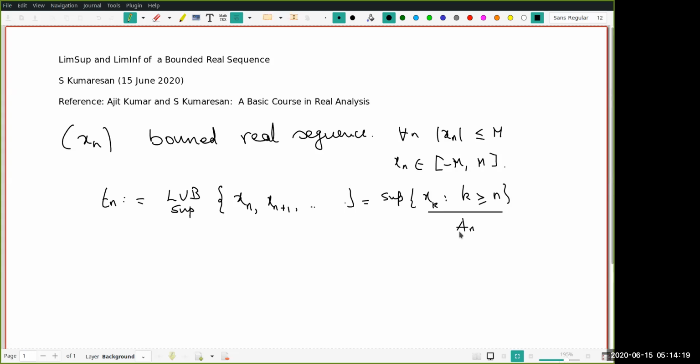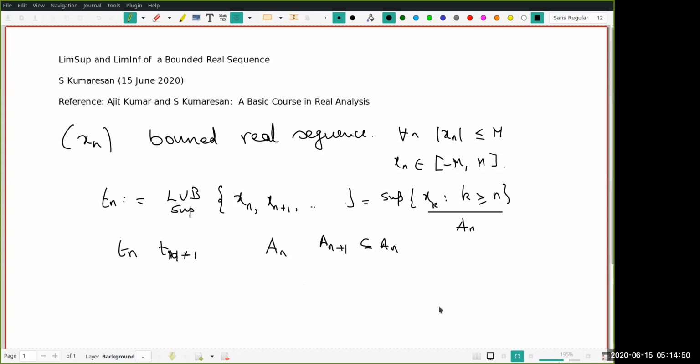Before we go further, let us make an observation. What's the relation between Tn and Tn plus 1? The answer follows if I observe the relation between An and An plus 1. An starts from xn onwards, whereas An plus 1 starts from xn plus 1, xn plus 2 onwards. Therefore, An plus 1 is a subset of An.